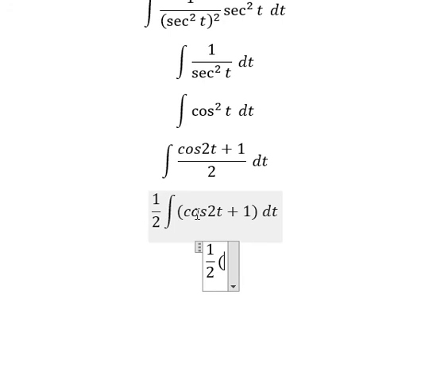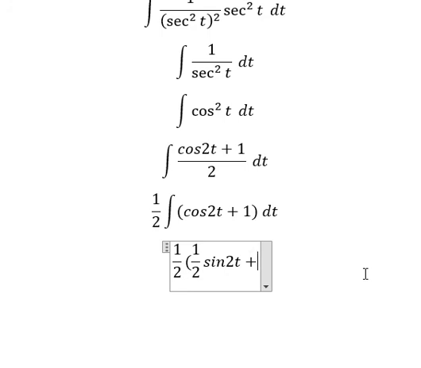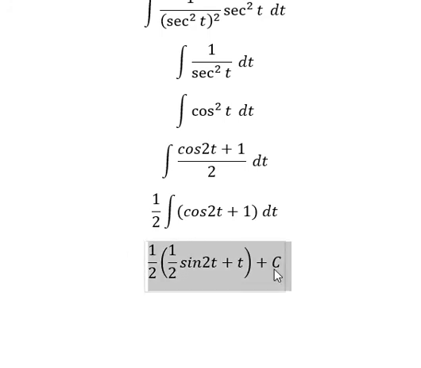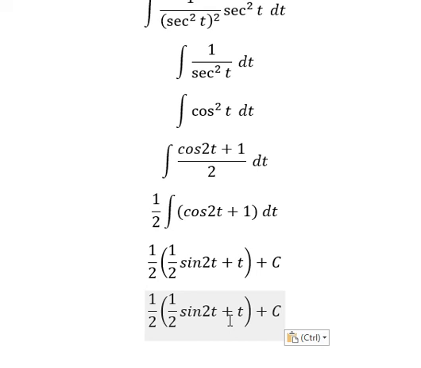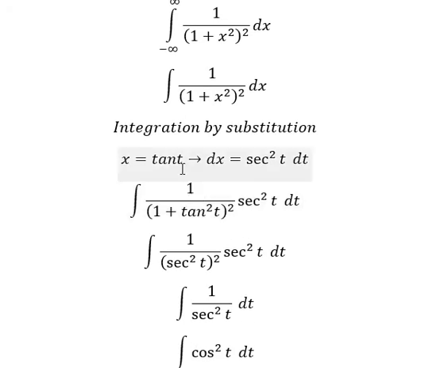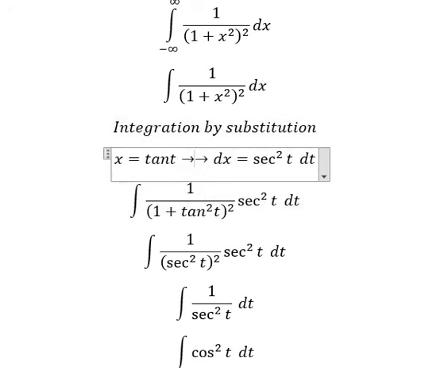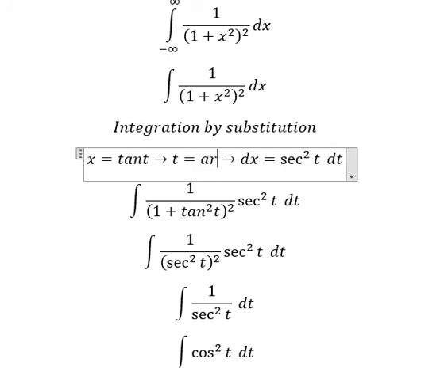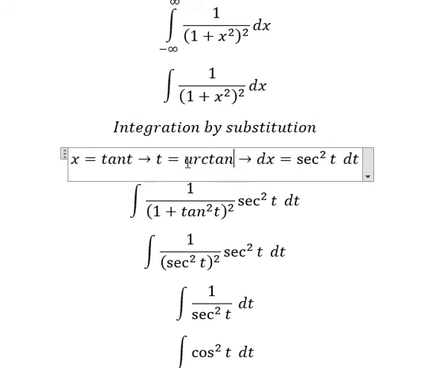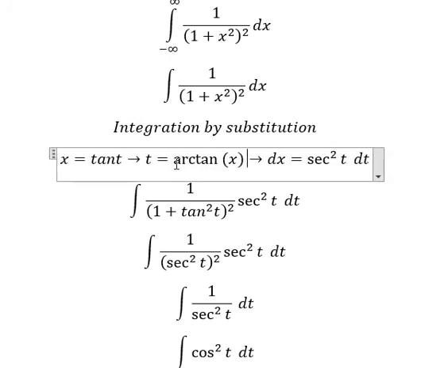The integration of cosine 2t, we have 1 over 2 sine 2t. Number 1, that's about t. So we can find t equals arctan of s, and we put this one to replace t.